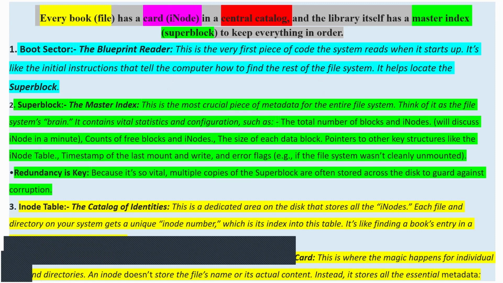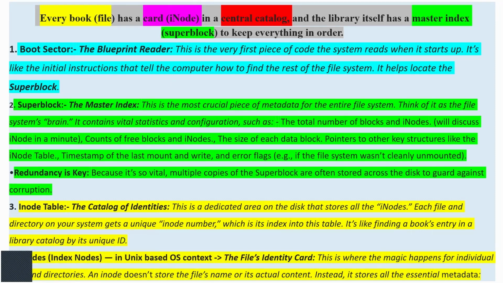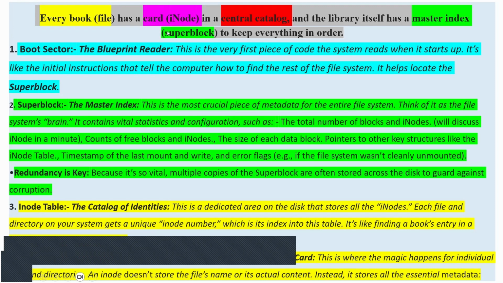If in a central catalog or in a library I have to search for a particular book, first of all I have to search for the particular card containing the information of the book, that is, on which particular shelf that book is lying, and a brief description of that book is written on that card. In a similar way, a book is a file and that card is an inode, right?